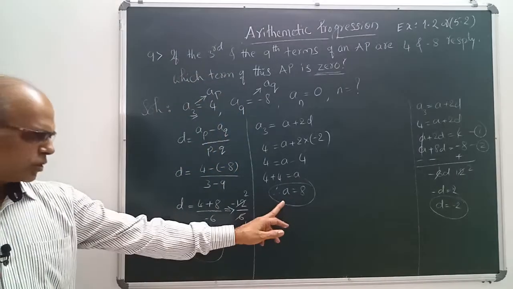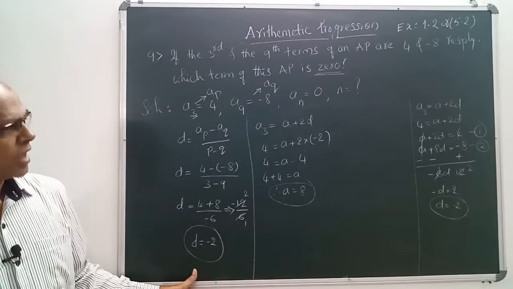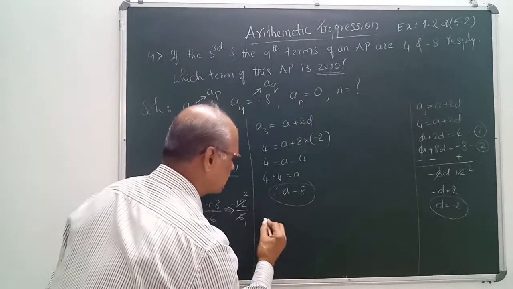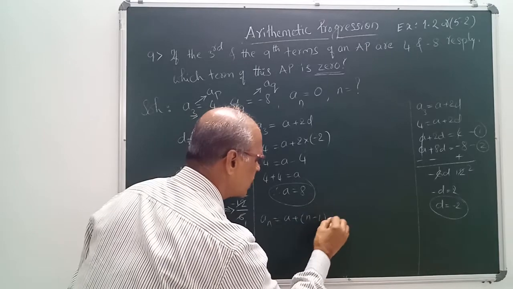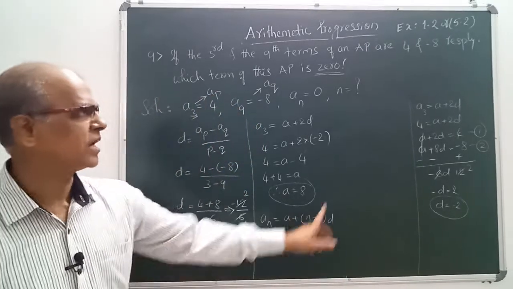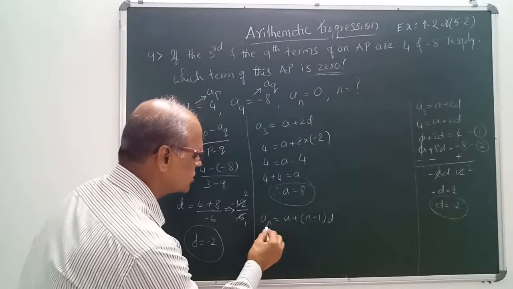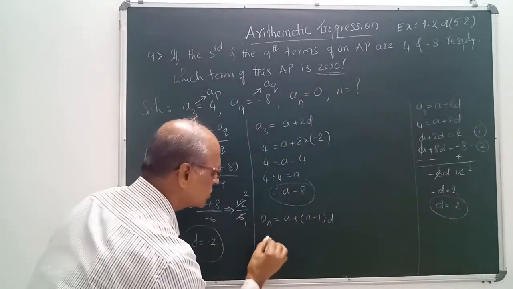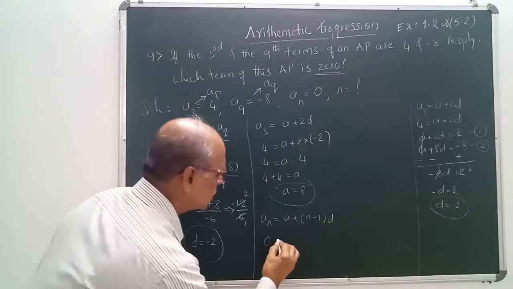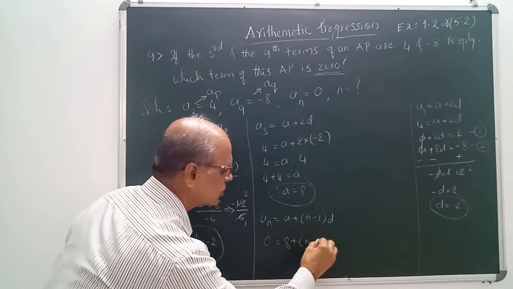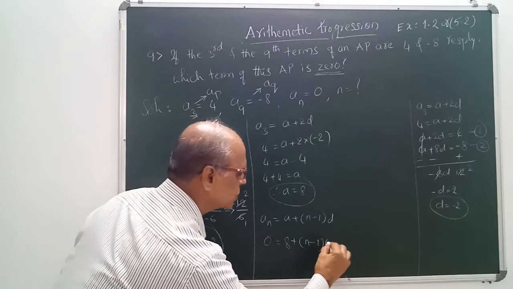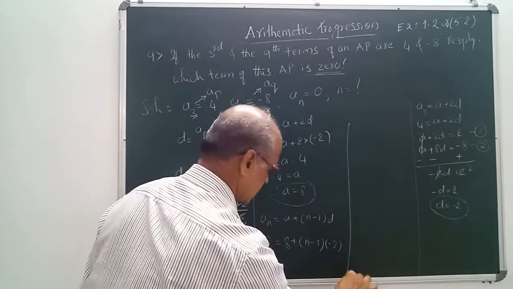Understood? a we know and d we know. Now use the an formula. an is equal to a plus n minus 1 d, because we have to find n. Okay, what is an? an is 0. Equated to 0 is equal to what is a? 8. What is n? We don't know. What is d? Minus 2. Right.